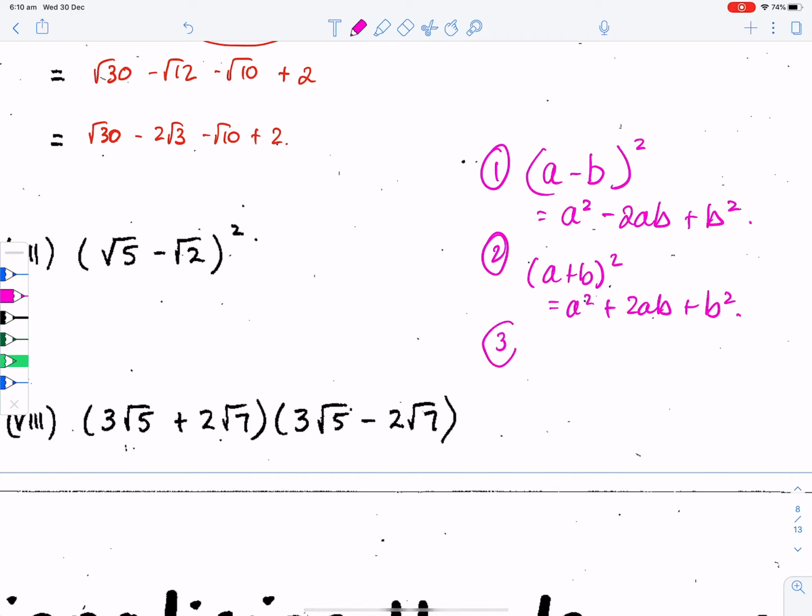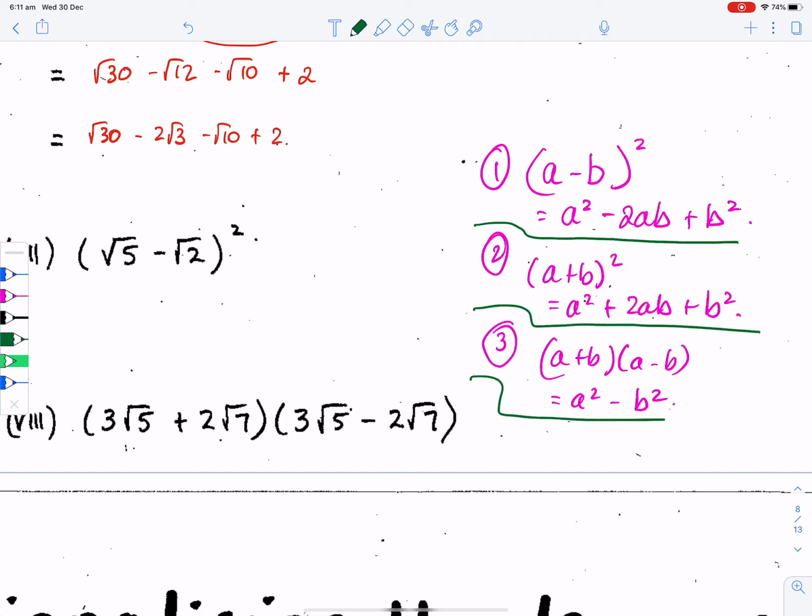And your third one is, of course, your difference of two squares. A plus b times a minus b is a squared minus b squared. These become very useful when it comes to surds, okay? So please make sure, you should know those off by heart anyway.